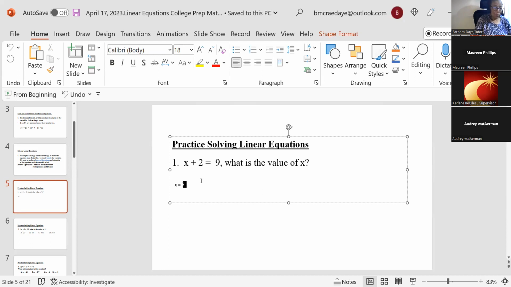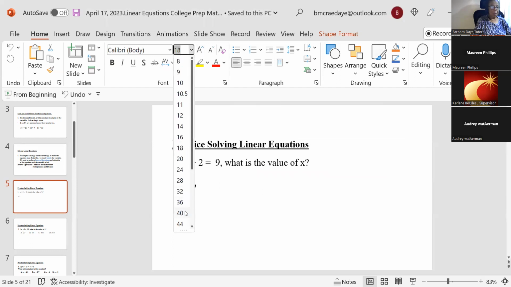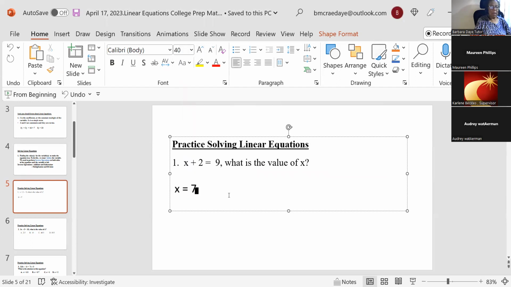But if it was a little more involved, then you would have to do one of your inverse operations, right? Let me just make that bigger: x equals 7. If this was a little more involved, then you'd have to subtract.